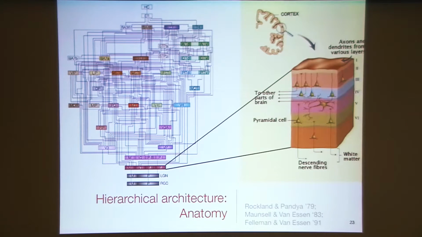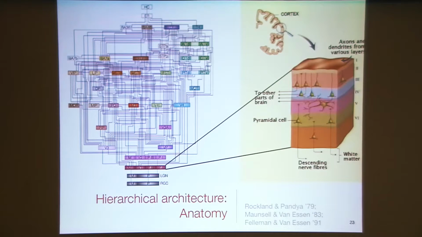Okay? So if we look at the specific pattern of connectivity, and this is something that the anatomy has taught us across visual areas, it has been shown that it's possible to recover an actual visual hierarchy. Okay? So this is an anatomical hierarchy. And this is shown here on the left, which is a diagram from Felleman and Van Essen. So what you see on this diagram is, at the bottom, the lower visual areas.